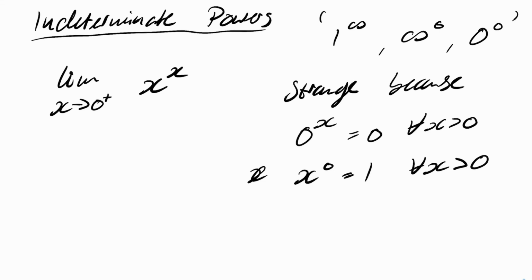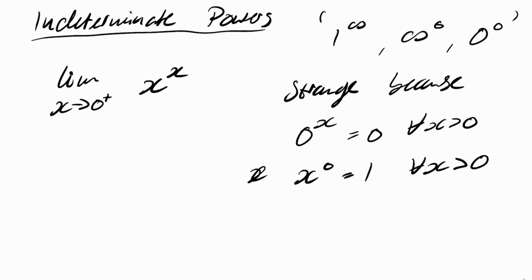So what happens then as we approach 0 from the right of x to the x? It's really not clear. The trick is to use logs and exponentials in a sensible way in order to simplify it into a form where we can use L'Hopital's rule. Let's see how to do that.